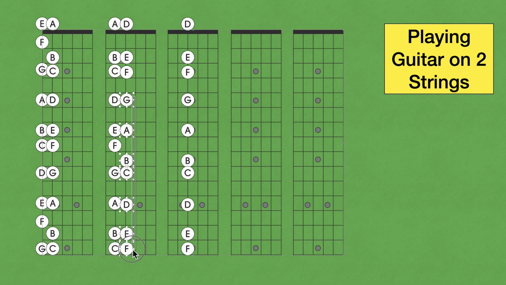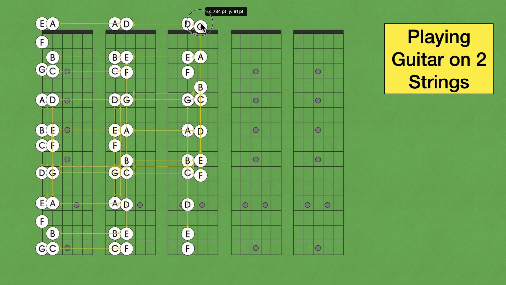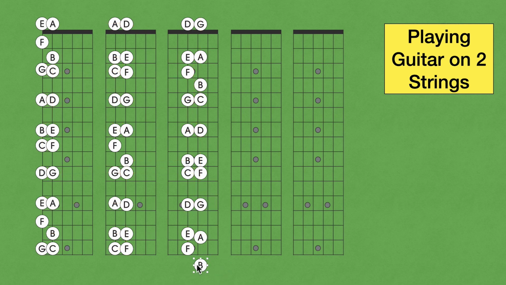So I can take all of these and copy them on, clean them up a little bit here so they're right next to each other, and then G, A, and B. Oh, I guess I didn't need the B because that was on the 4th fret.